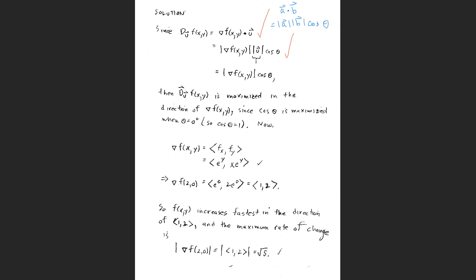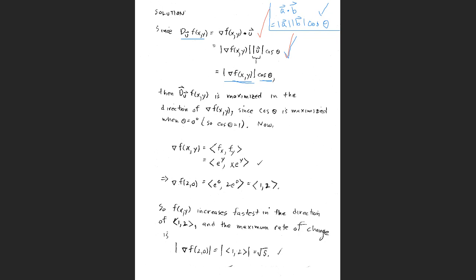Yes, absolutely. We're going to make use of that definition, but the vector u is a unit vector. So the directional derivative of a function really is equal to the magnitude of the gradient vector times the cosine of the angle theta, and the angle theta is the angle between the unit vector and the gradient vector.